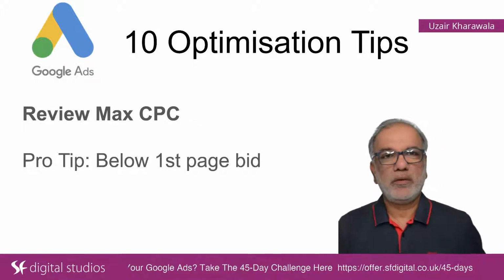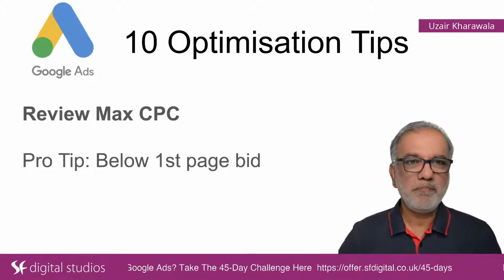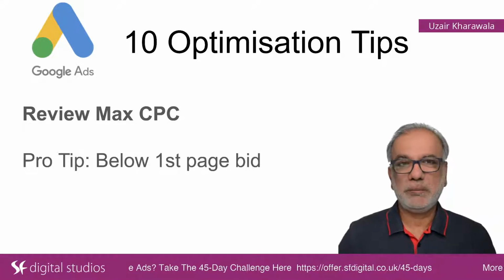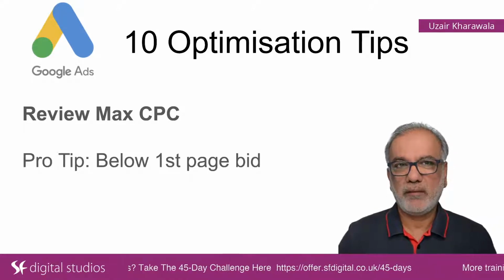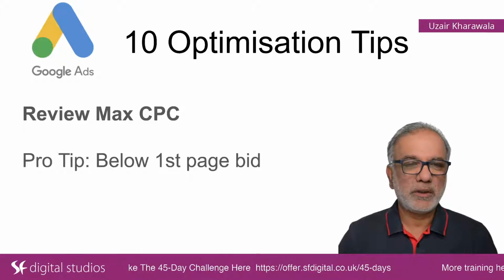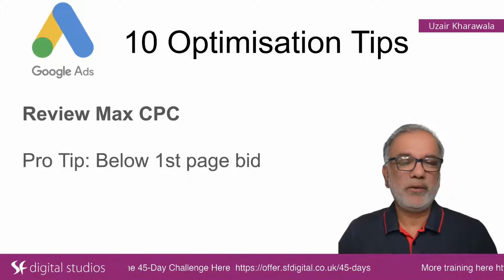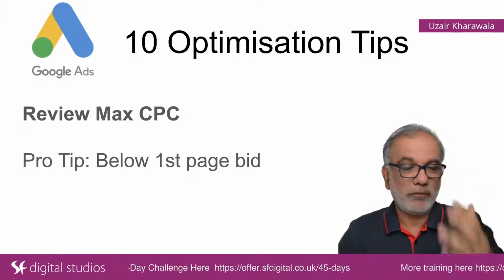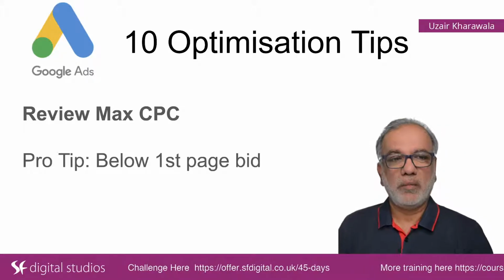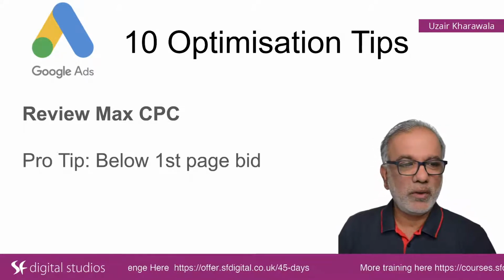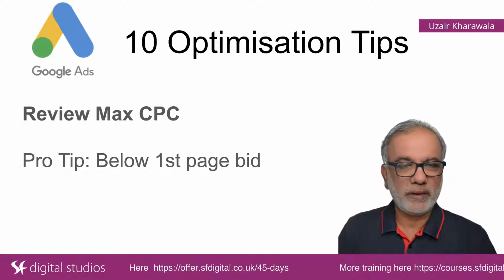Then you should also review your Max CPCs if you are bidding on manual level, because if you are running smart campaigns, then you don't need to worry about reviewing the CPC, because Google Ads is going to take care of itself.